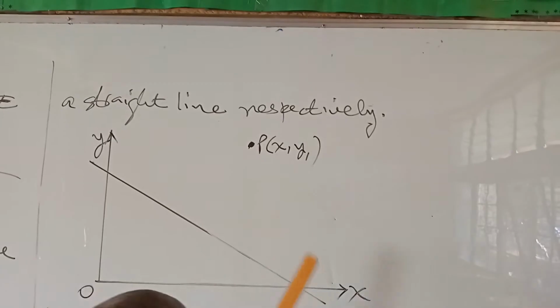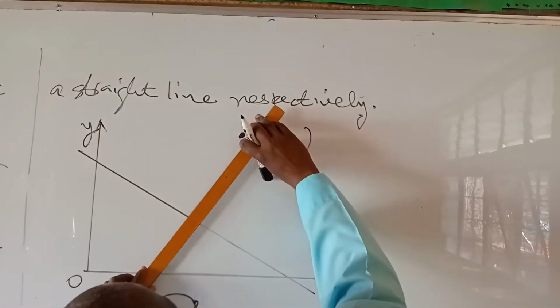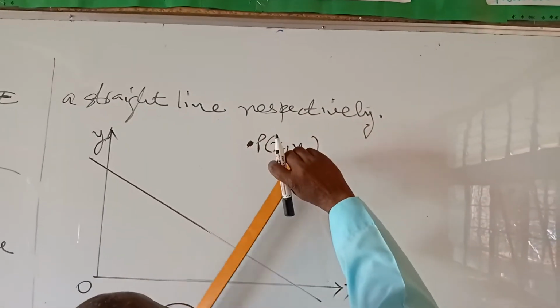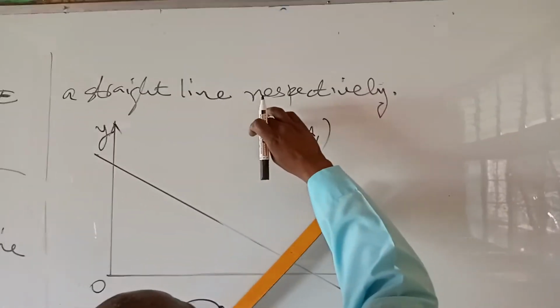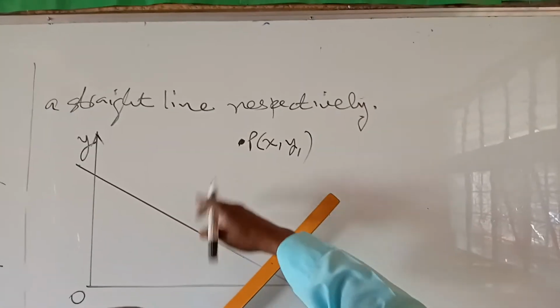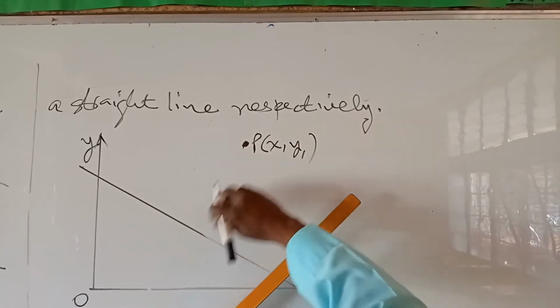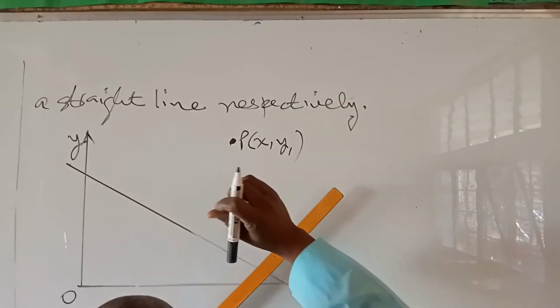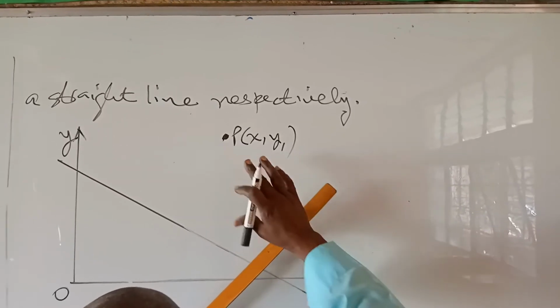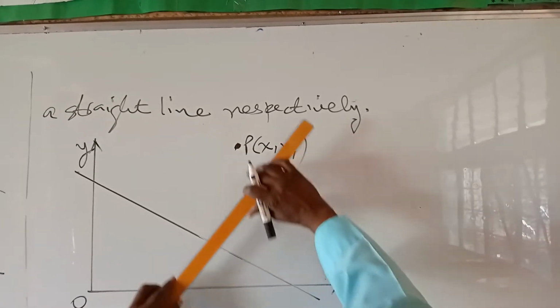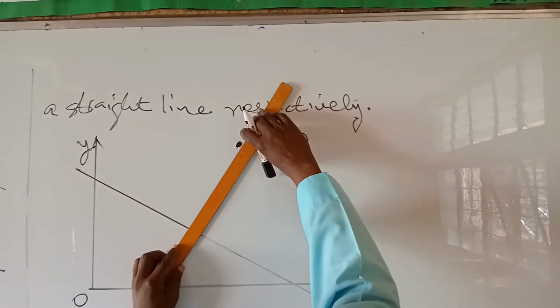So we are saying that the perpendicular distance between this point P and this line, which is also the shortest distance, for it to be the shortest one, it must be perpendicular. That is what we are saying.